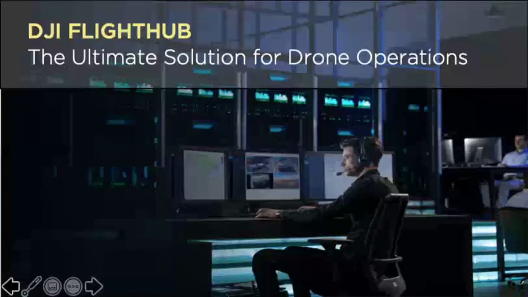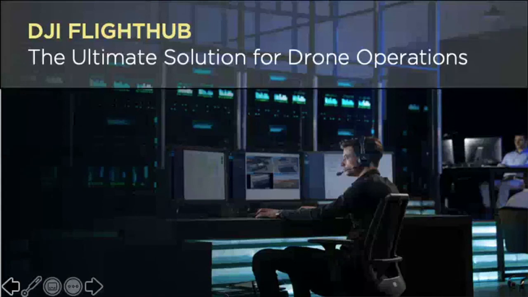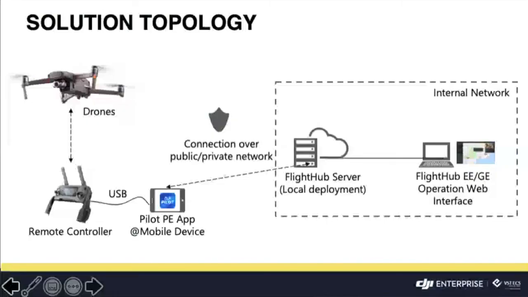Next, we also have the DJI Flight Hub. The DJI Flight Hub is mainly used for monitoring your drones. For example, in a sample topology, the drone is connected, of course, to your RC or the remote controller, so you can easily control the drone from the ground.